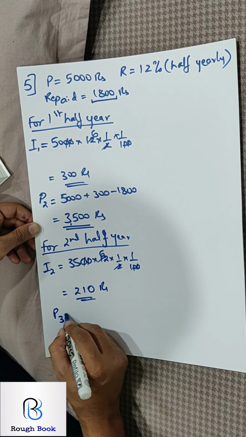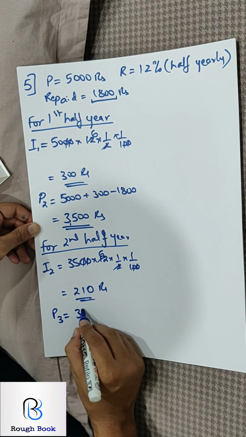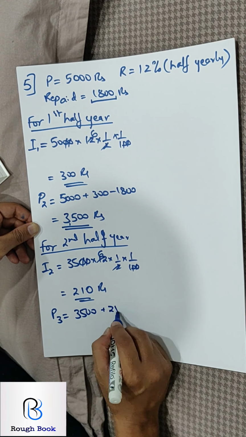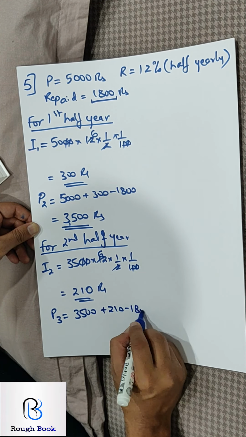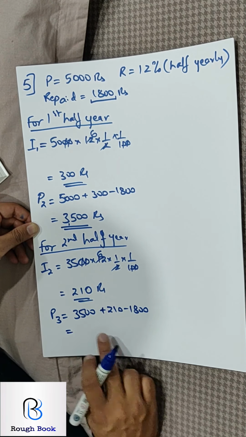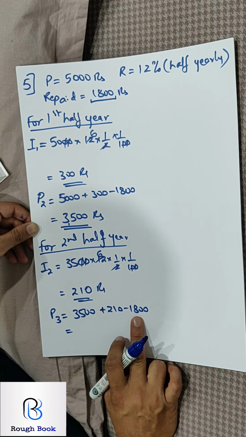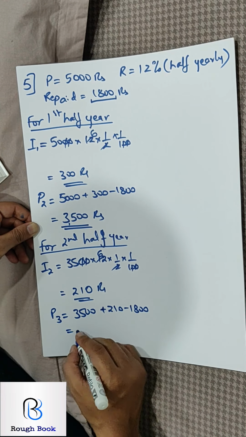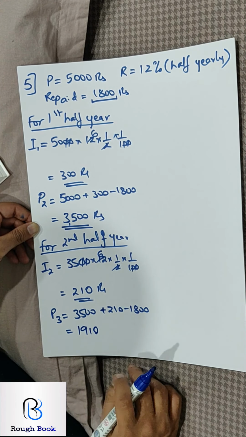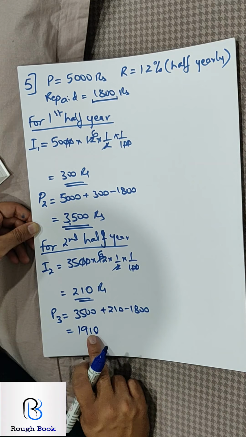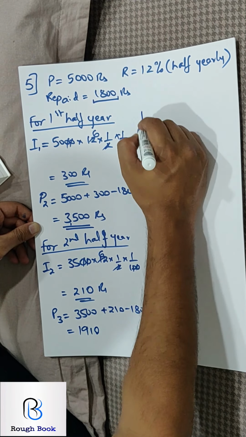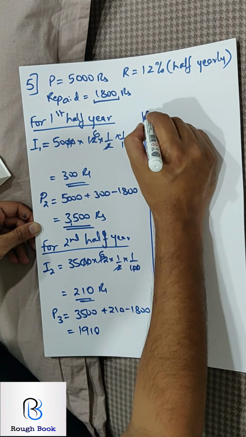So now my P3 will be 3,500 was the balance left. Add 210 and subtract 1,800. Correct? So if I subtract 1,800 first, that will be 2,500 and another 800, 1,910. Is this correct? Let's check. 2,000, 3,710. Perfect.